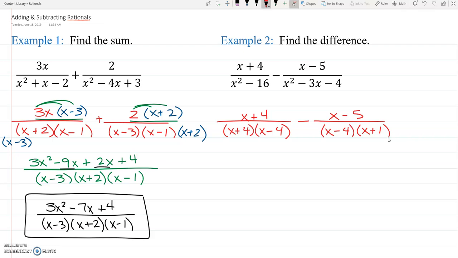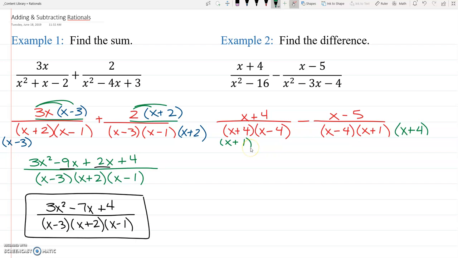Everything's factored. Are my denominators the same? No, obviously not. Let's make them the same. Let's see, I've got an x plus 4 and x minus 4 here. I already have an x minus 4 here. It needs an x plus 4 on the right. So that means all this one needs is an x plus 1.